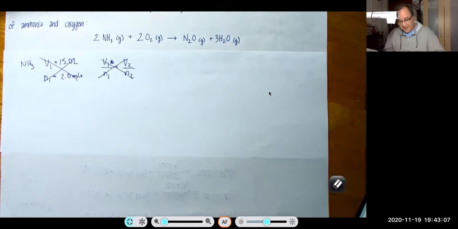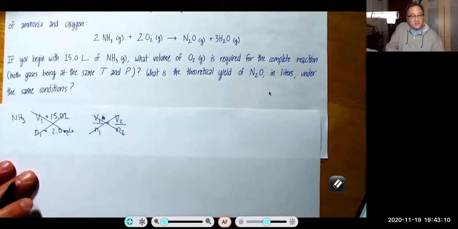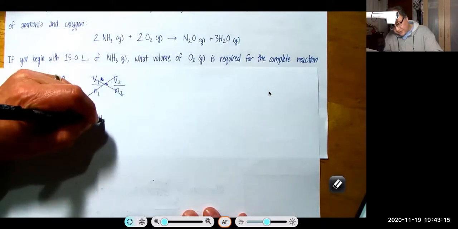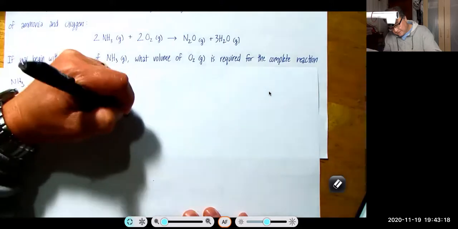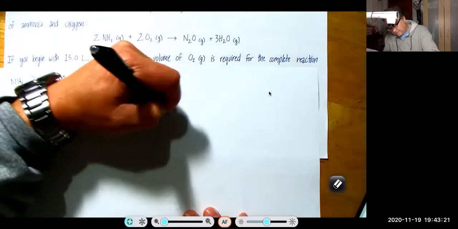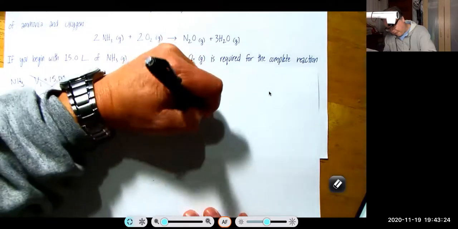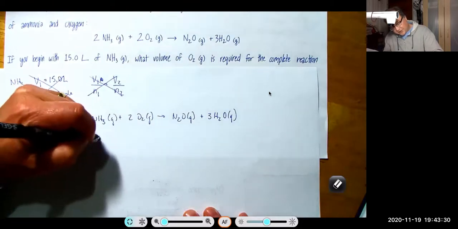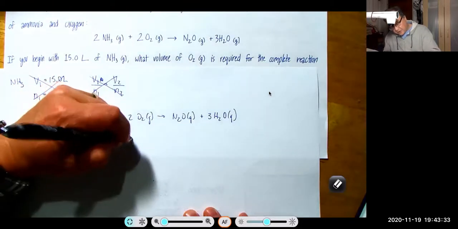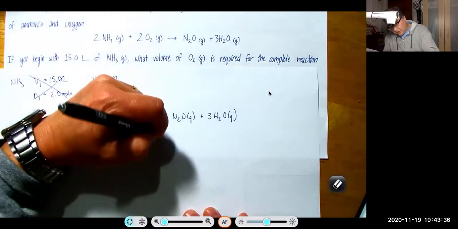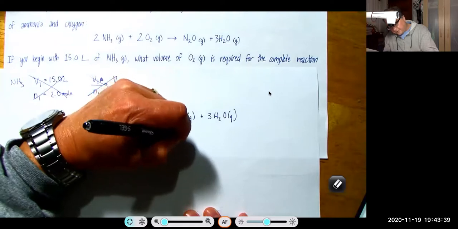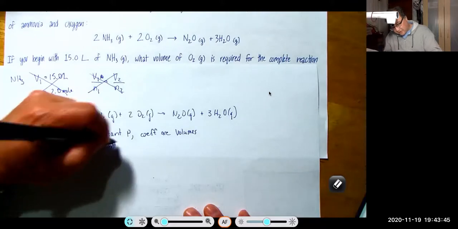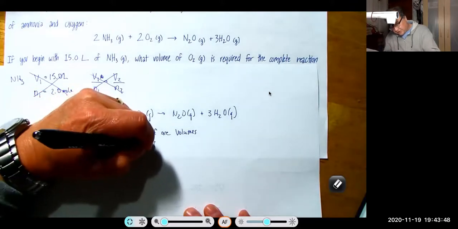But be aware that at constant pressure, the coefficients are volumes, and at constant volume, the coefficients are pressures.